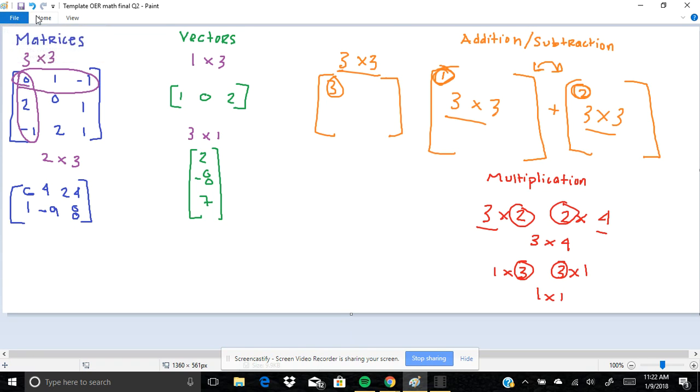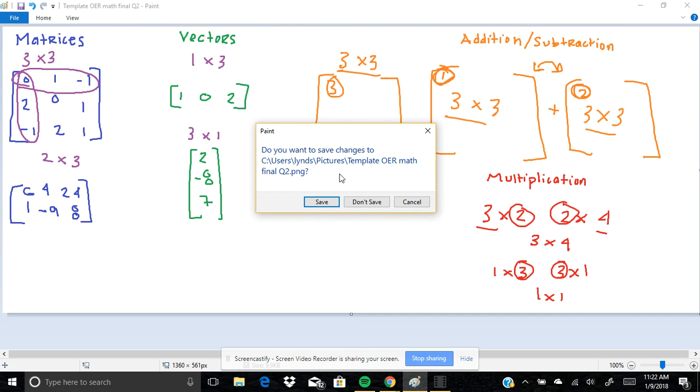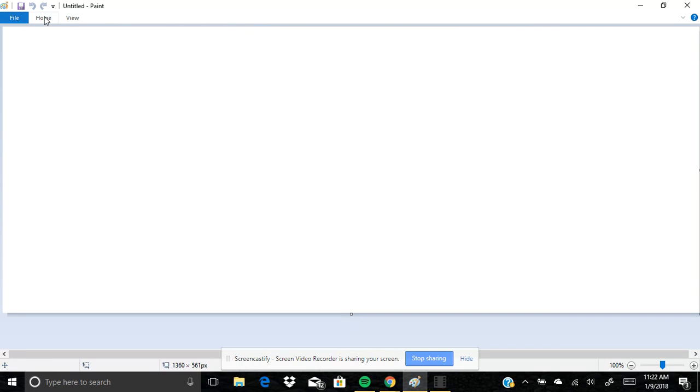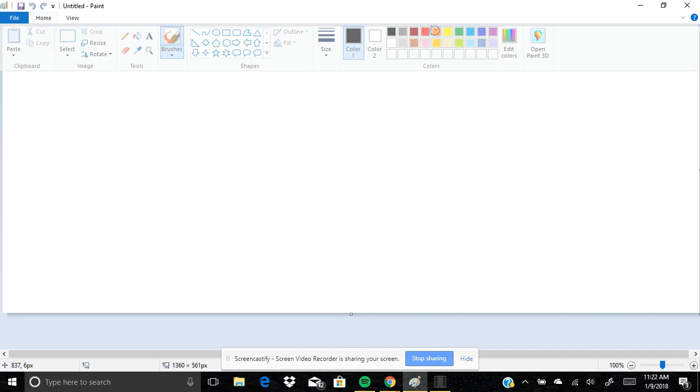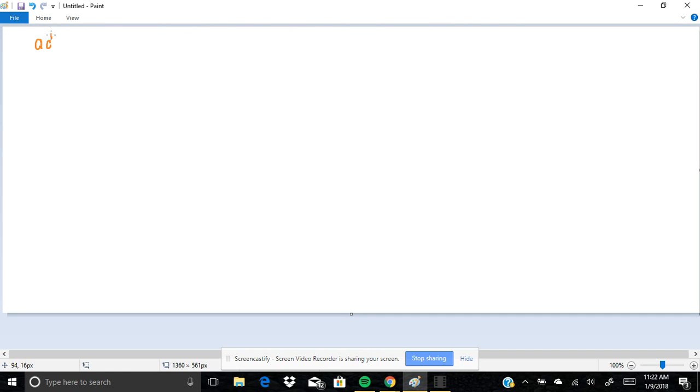Now let's do some practice. Let's do addition and subtraction. So to start, I'm going to do two 3 by 3 matrices.